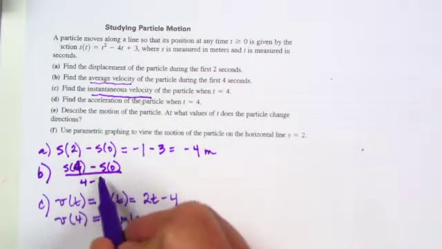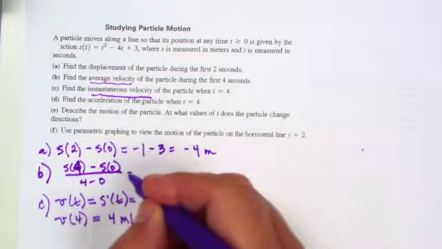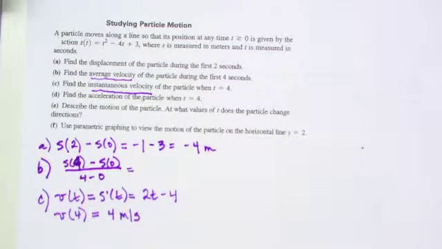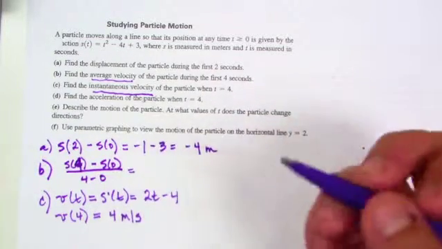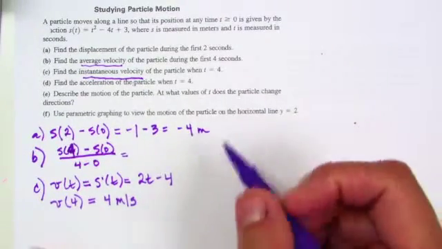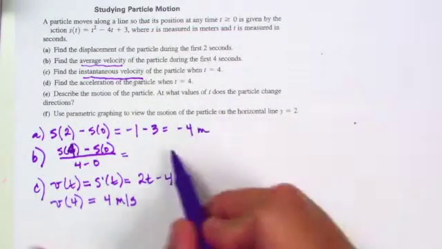Not 2. 4. 2 would give me the wrong answer, right? I need the average rate of change here, right? I need the average velocity. Average rate of change is just regular old slope formula.